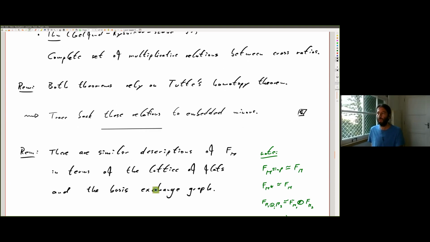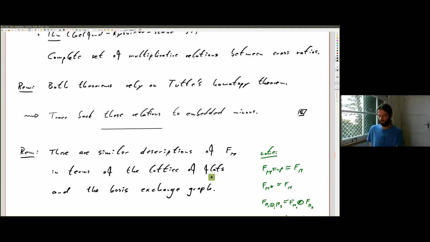So one concluding remark regarding Theorem 8 is that there are similar descriptions of the pasture in terms of the lattice of flats and the basis exchange graph, which is based on the fact that the foundation of a simplification of a matrix is equal to the foundation of the matrix, and similarly for the dual of the matrix, and the direct sum of matrices; the foundation of a direct sum, and also of a two-sum, is the tensor product of foundations.